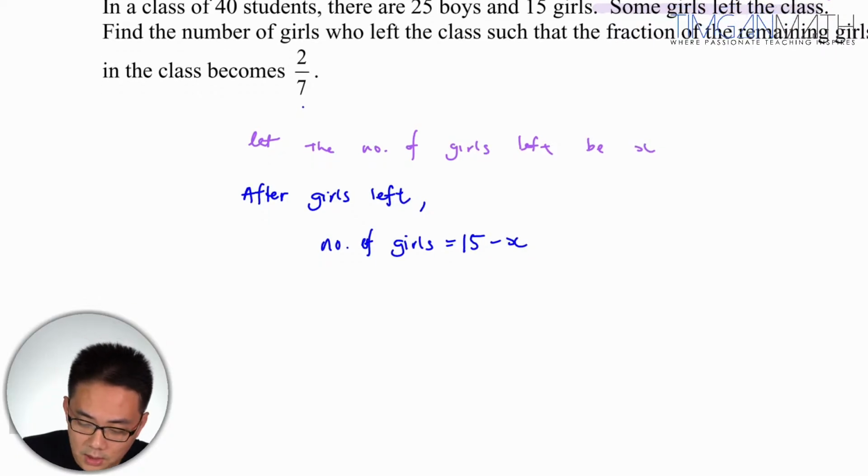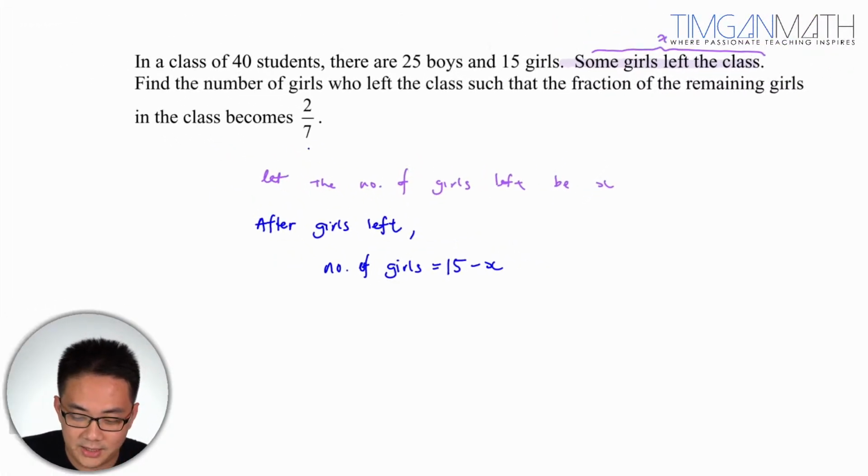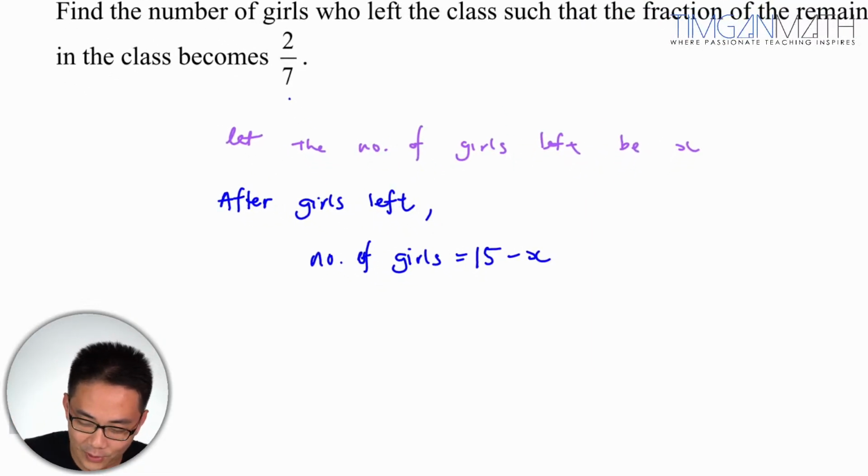So the fraction of the girls will be 15 minus x over the total. Actually, the boys are quite useless in this case.